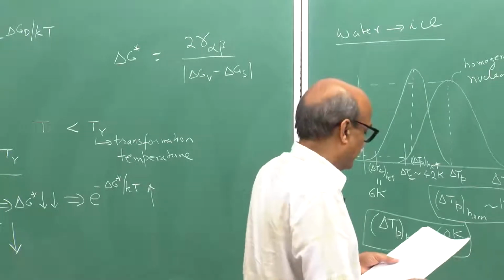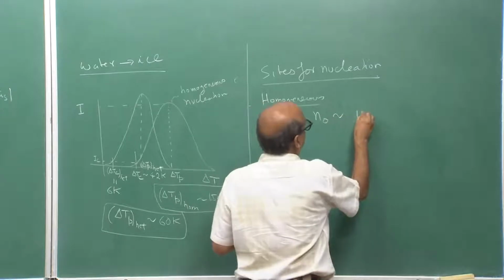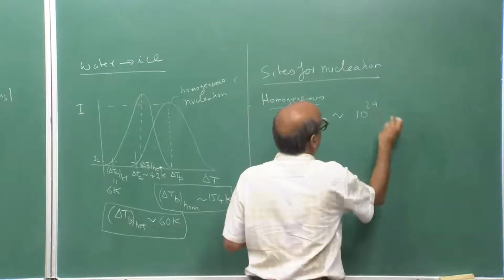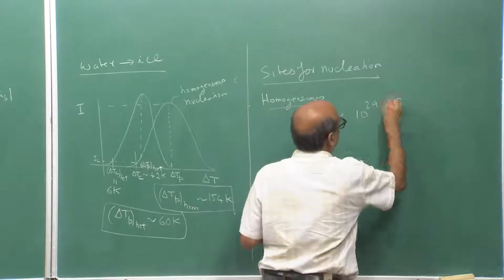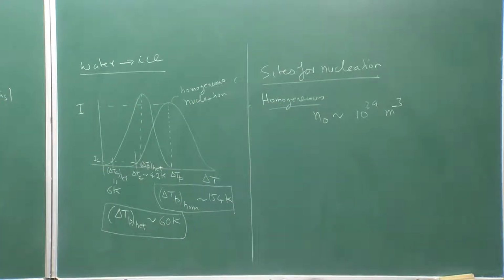That in the case of metals, N0 is of the order of 10 to power 29 per meter cube. All possible atomic sites is the site for homogeneous nucleation.